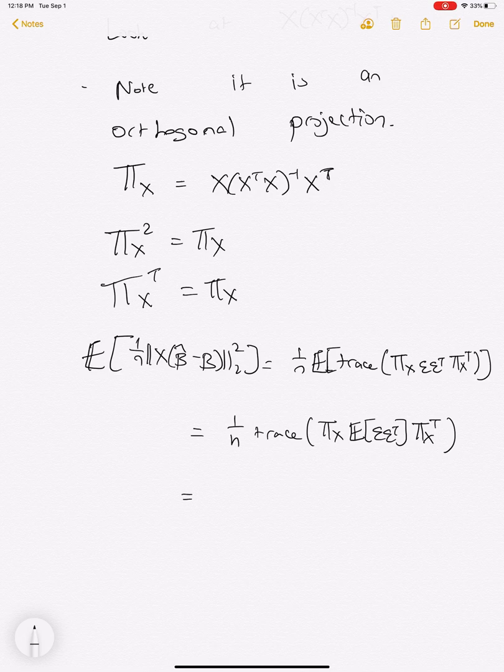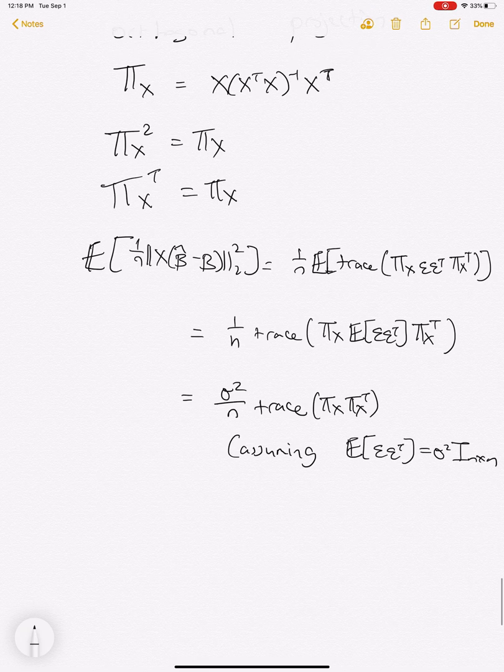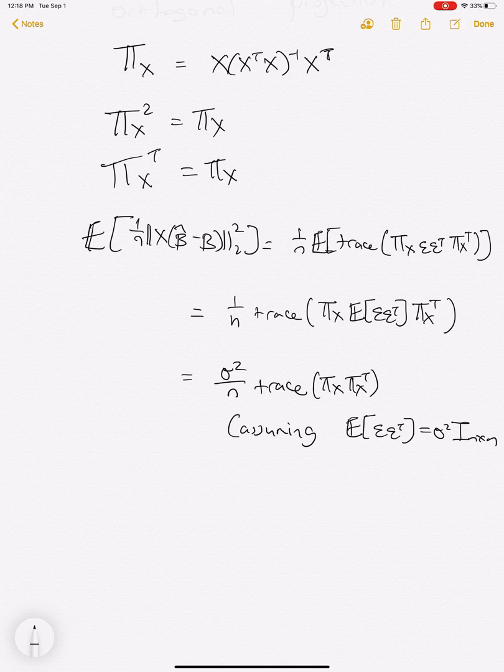But now we're again going to assume that this covariance is just sigma squared times I, so we get sigma squared over n.